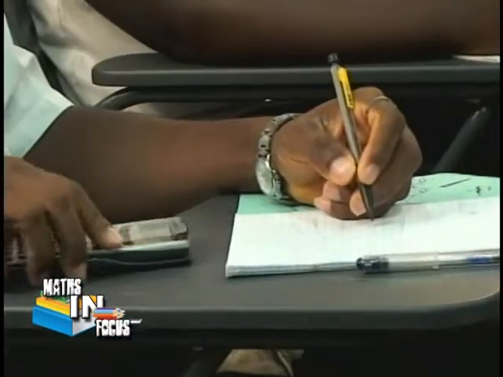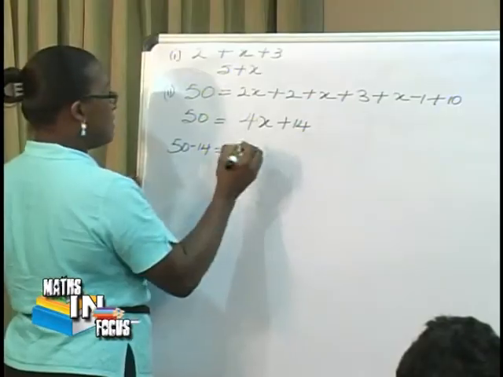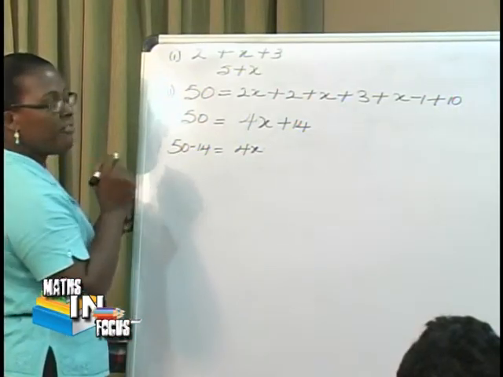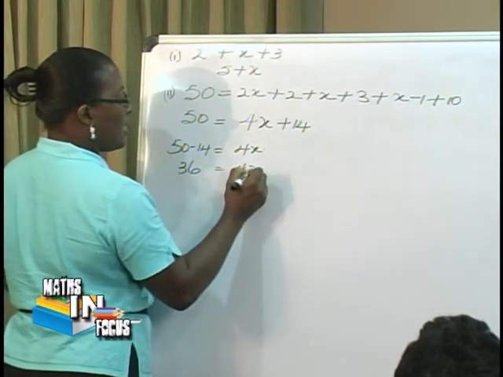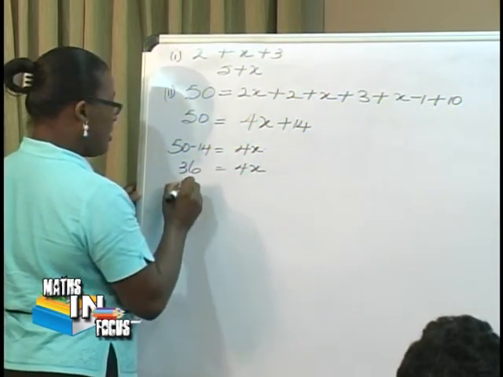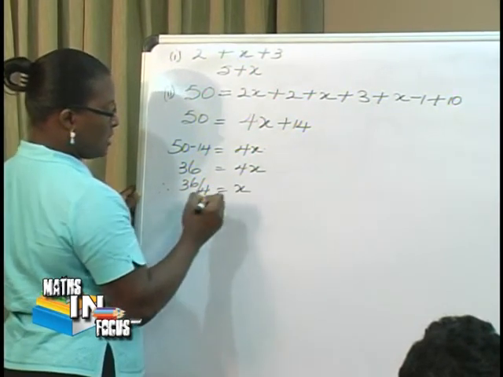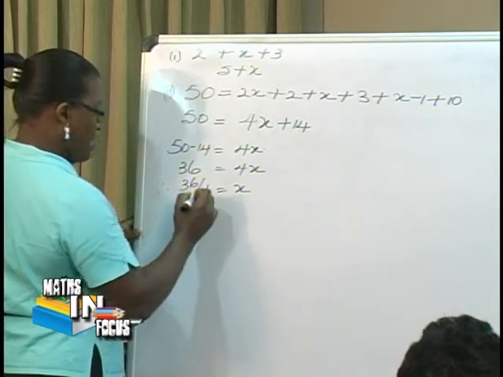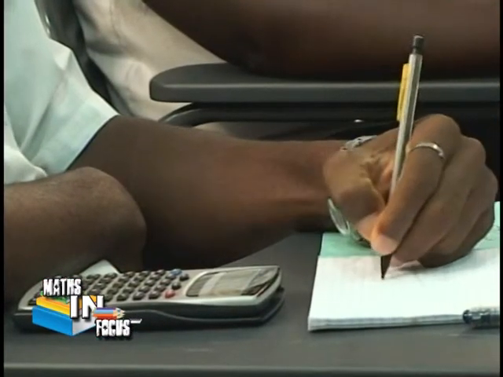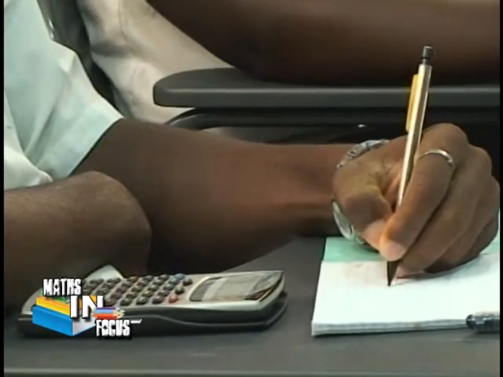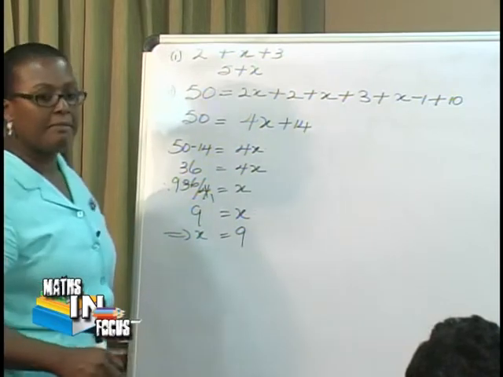So we're going to have 50 take 14 is equal to 4 x's. When we take 14 from 50, what are we left with? 36 is equal to 4x. Therefore, 36 divided by 4 is equal to x. What's the value of x? 9. 4 nines. x is equal to 9. This implies that x is equal to 9.